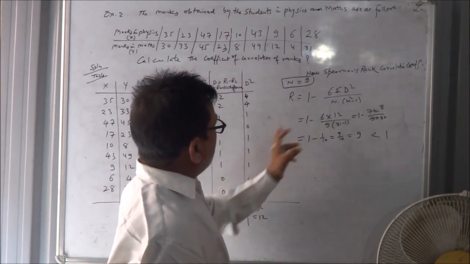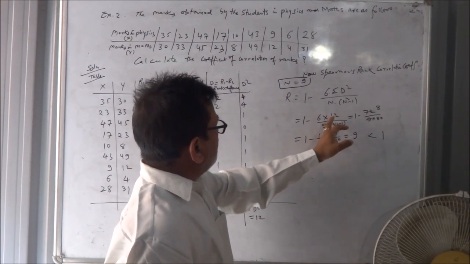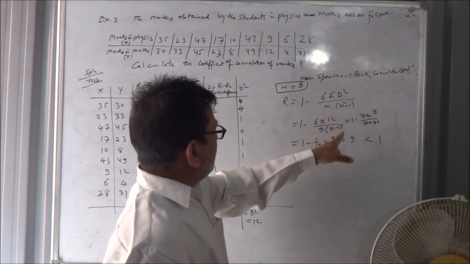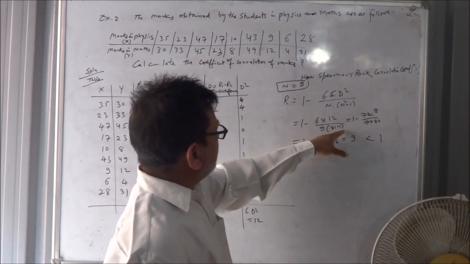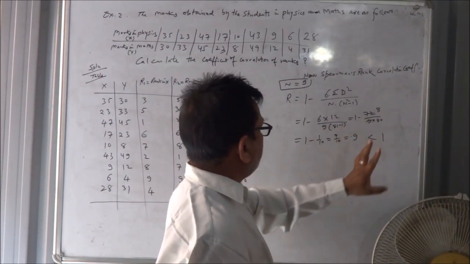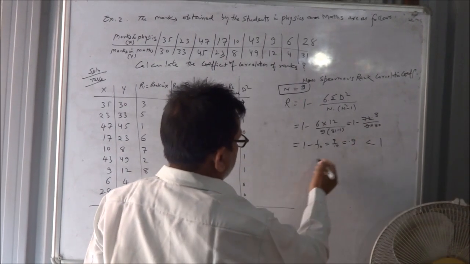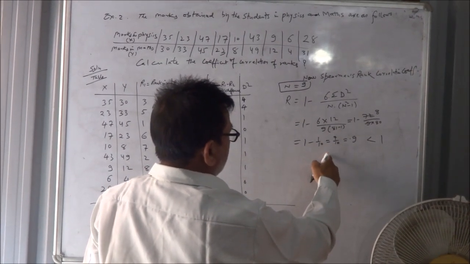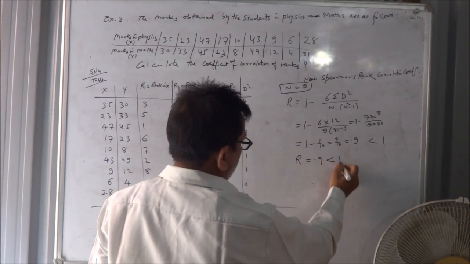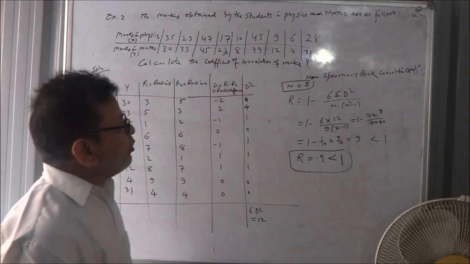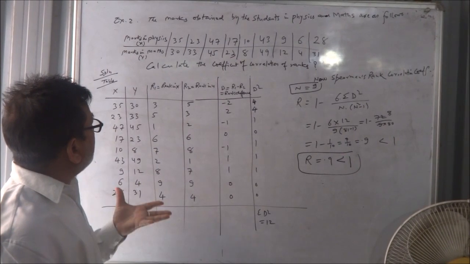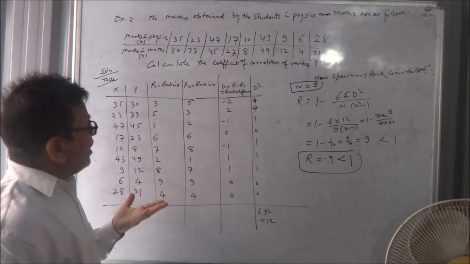So I have put all these values here: 6 into summation D square, which was 12, N was 9, N square 9 square, 81 minus 1. 12 into 6 is 72, 9 into 80, and after cancellation this is 1 minus 1 upon 10. So ultimately, the value of capital R is 0.9, which is less than 1. So this is your Spearman's rank correlation coefficient between marks in physics and marks in mathematics.